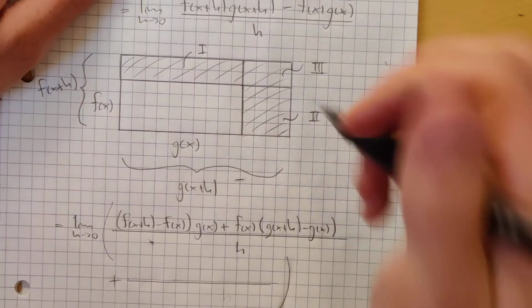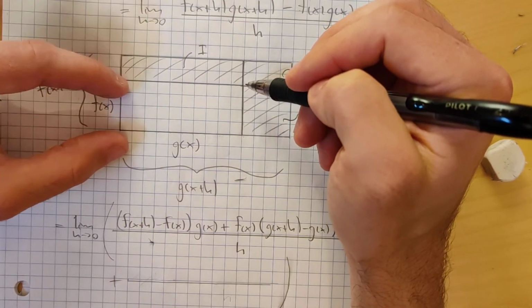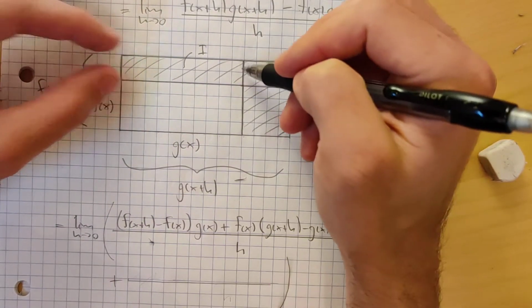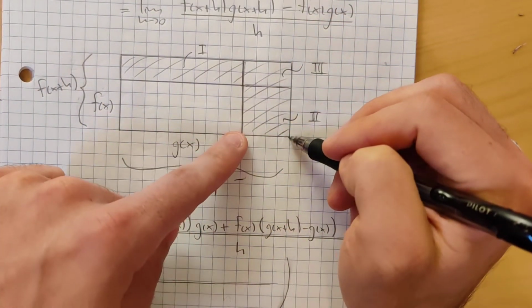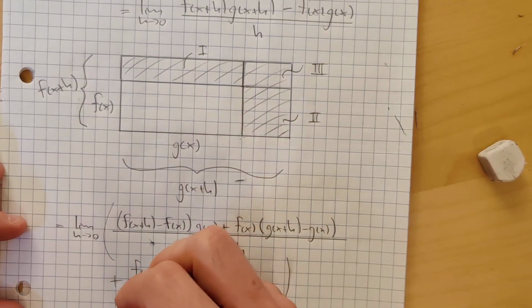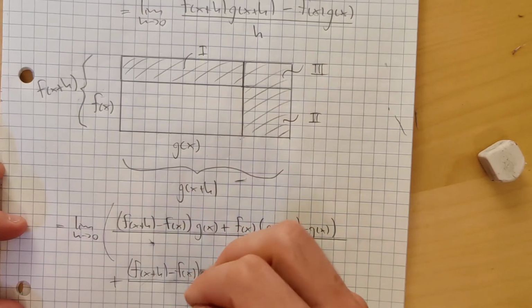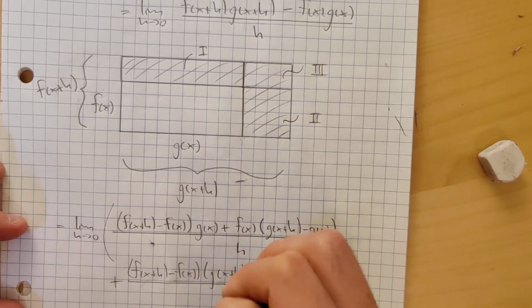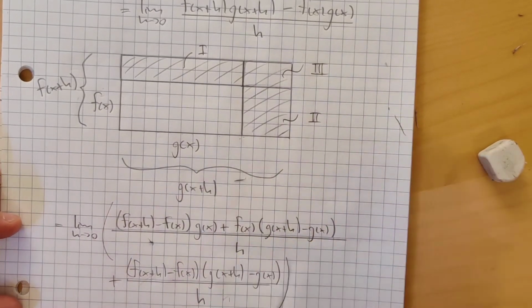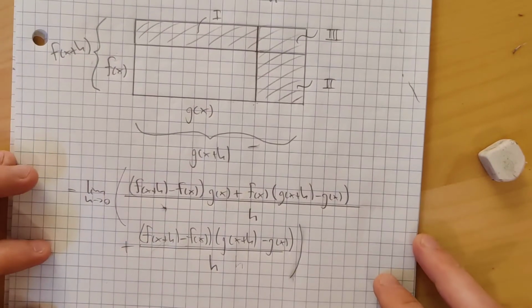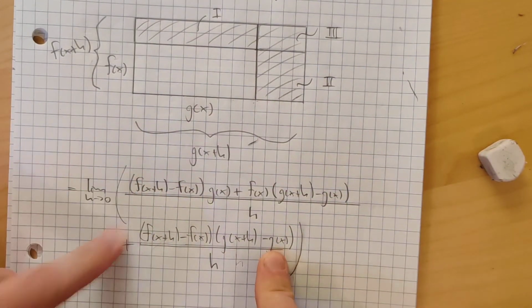What's it going to be? Well, its height is this right here. So this is f of x plus h minus f of x, gives you this little difference. That's the height here. And then the width here is g of x plus h minus g of x. You see this difference. So now here we've got f of x plus h minus f of x times g of x plus h minus g of x. And all this stuff is on top of h. Okay, good. So I just had to use more than one line because I ran out of room.